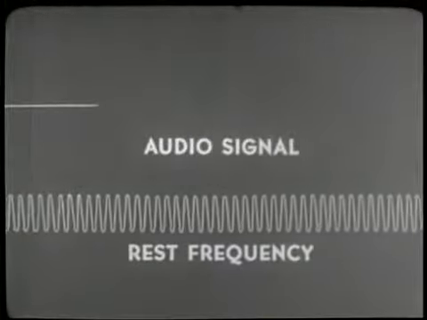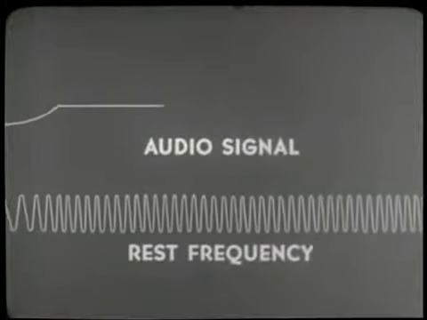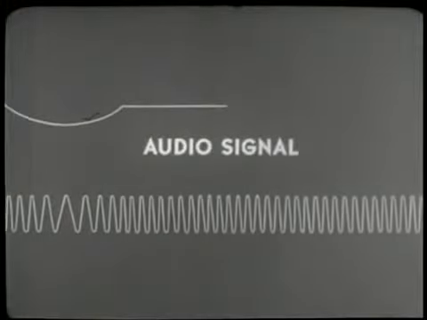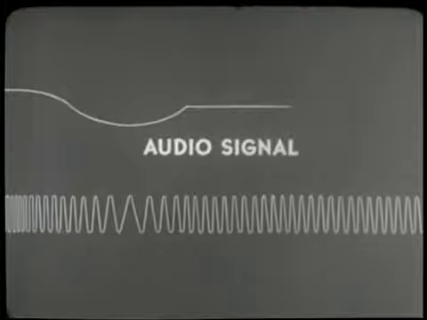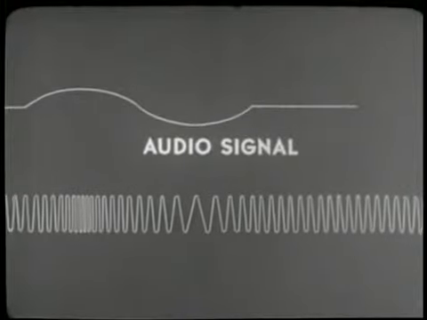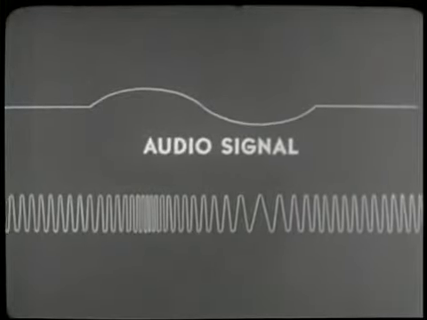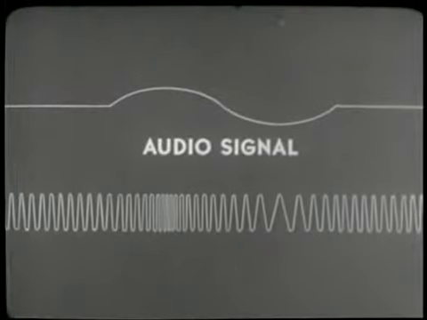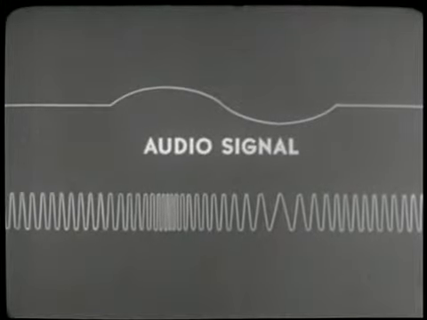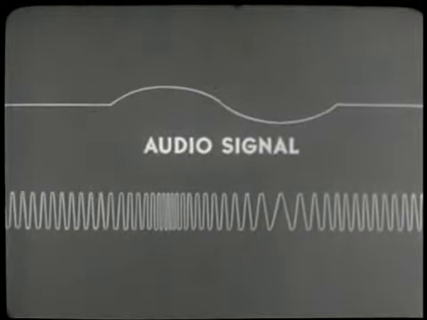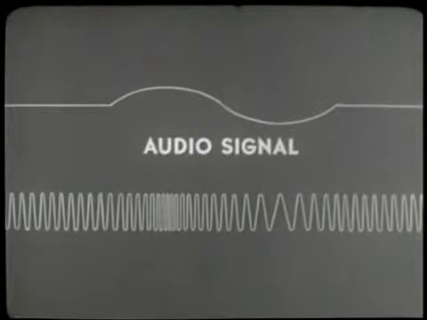For this illustration, the negative half cycle causes the carrier to drop below its rest frequency, as evidenced by the wider spaced waves. When the positive half cycle of the audio signal is added, it causes the carrier to rise above its rest frequency, as evidenced by the narrow space waves. This is an audio signal of one complete cycle with a corresponding frequency modulated RF wave underneath it.